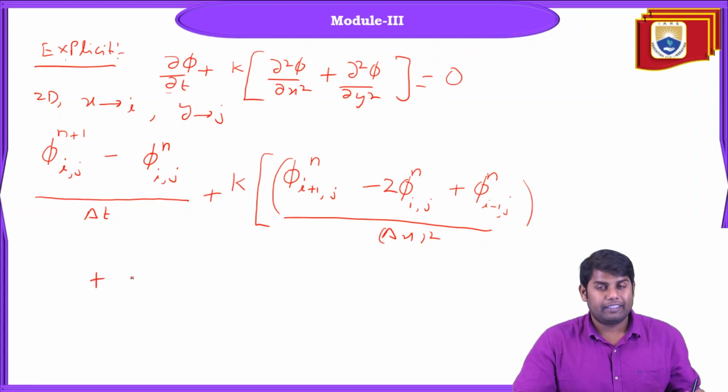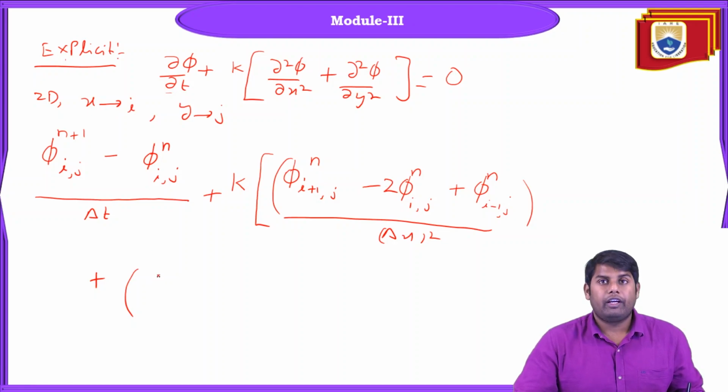Next, plus the other one. Since it is along the x direction, the i value is changing, j value is constant. Okay. Now, what do we have?